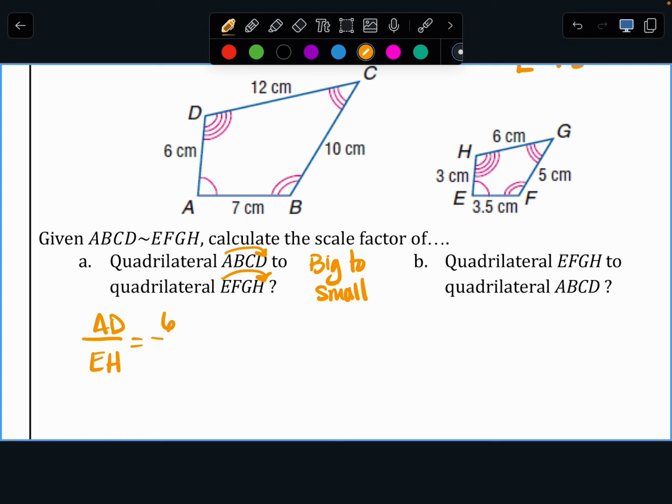AD is 6. EH is 3, so my scale factor is 2. That means that AD is 2 times as big as EH. That makes sense. 6 is 2 times as big as 3. Okay.